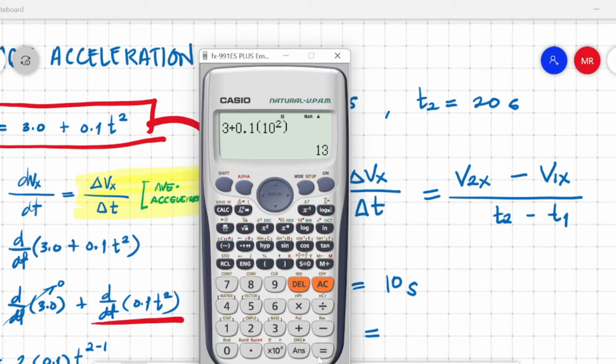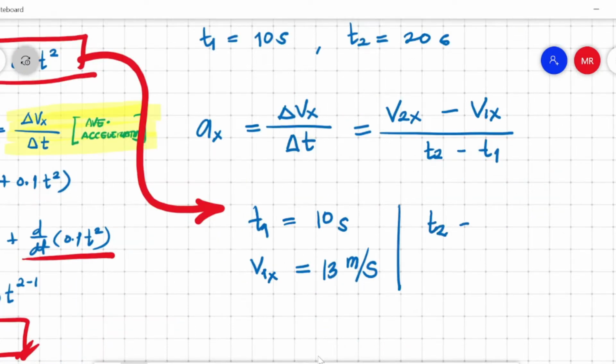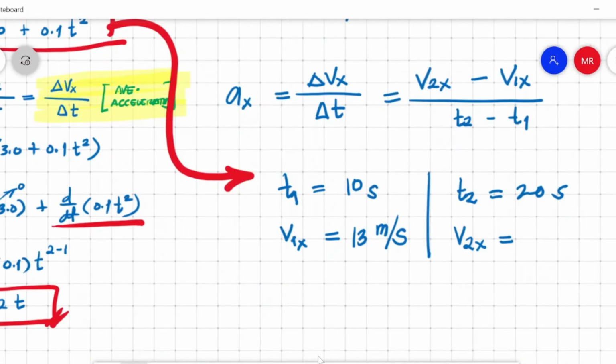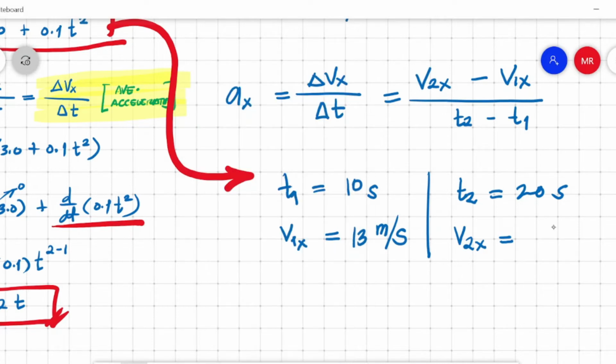This is 13 meters per second. For time 2, which is 20 seconds, we have v2x. Substituting 20 seconds into our velocity equation, we'll have 43 meters per second.